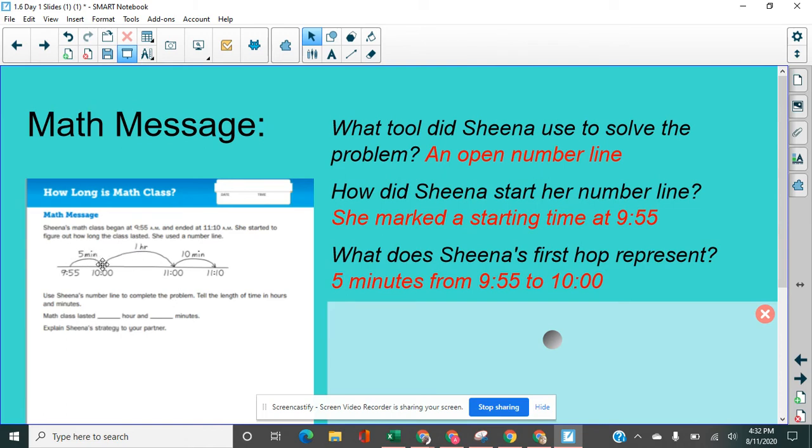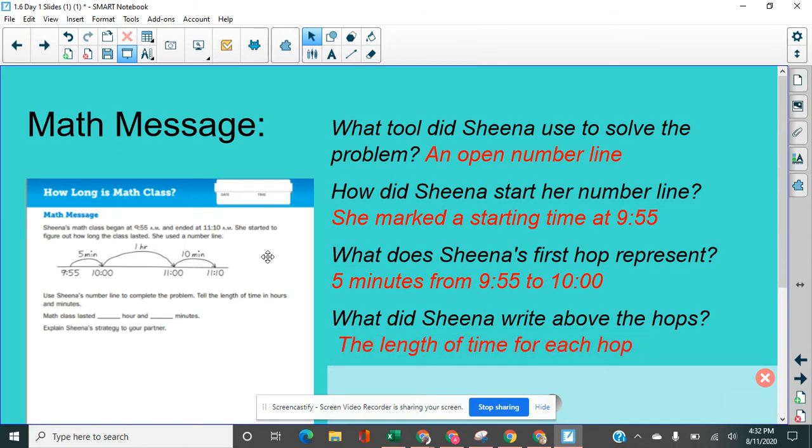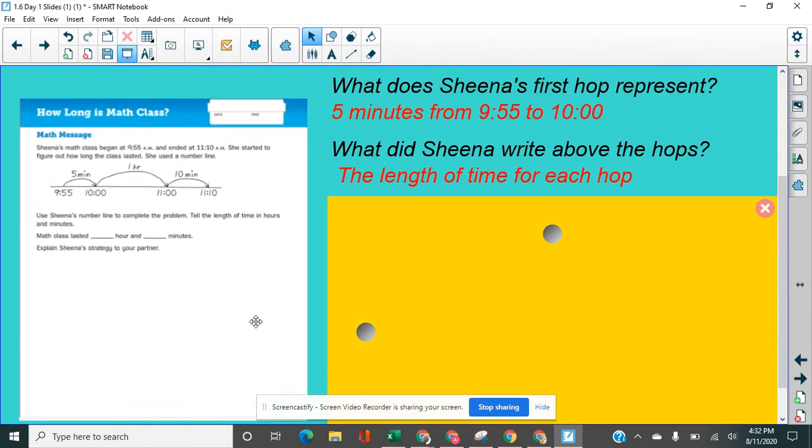She wanted to get to that friendly time, that 10 o'clock, which is really easy to deal with. So she made a 5-minute jump. Then what did she write above the hops? She wrote the length of time. See, 5 minutes. Let's keep going. I'll scroll down to see my other questions here.